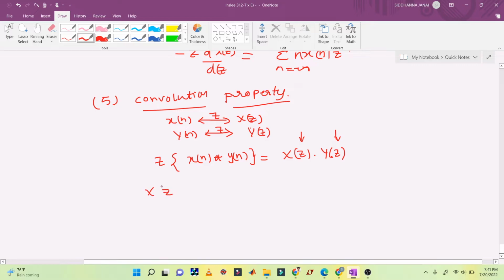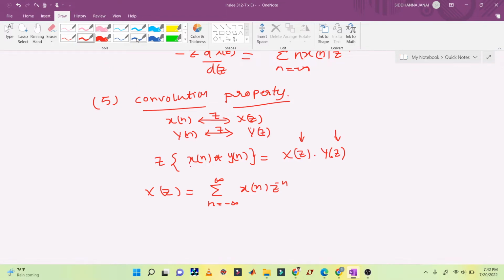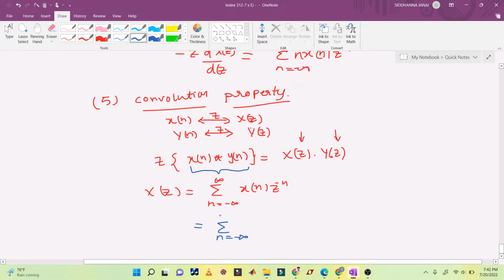Our equation x of z is equal to summation n is equal to minus infinity to plus infinity x of n z power minus n. But our x of n is now our x of n is this one, convolution term. So let us write that x of n is equal to x of n convolution y of n, z power minus n.